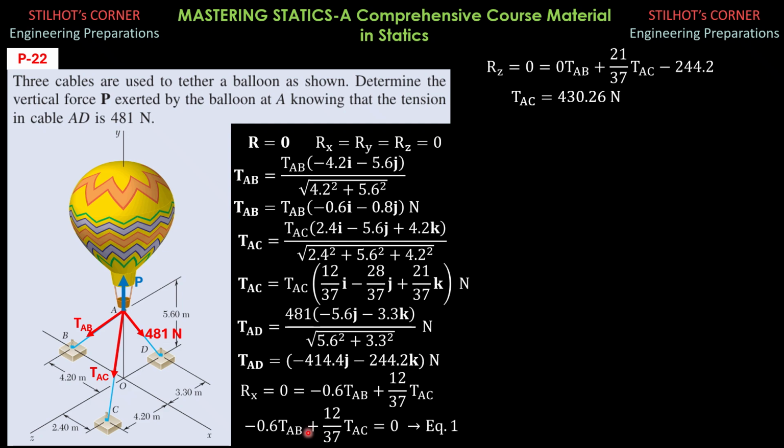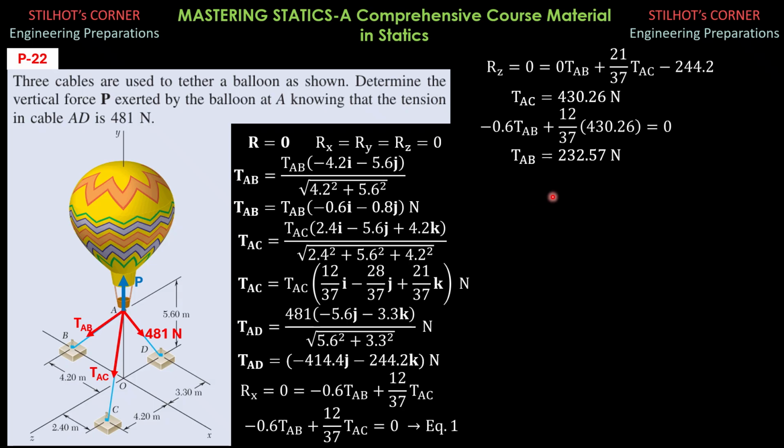Substitute here to solve for tension AB. Negative 0.6 tension AB plus 12 over 37 times 430.26 equals 0. So tension AB is equal to 232.57 newtons. So finally, we can now solve for P. Ry equals Pj, and it is equal to 0.